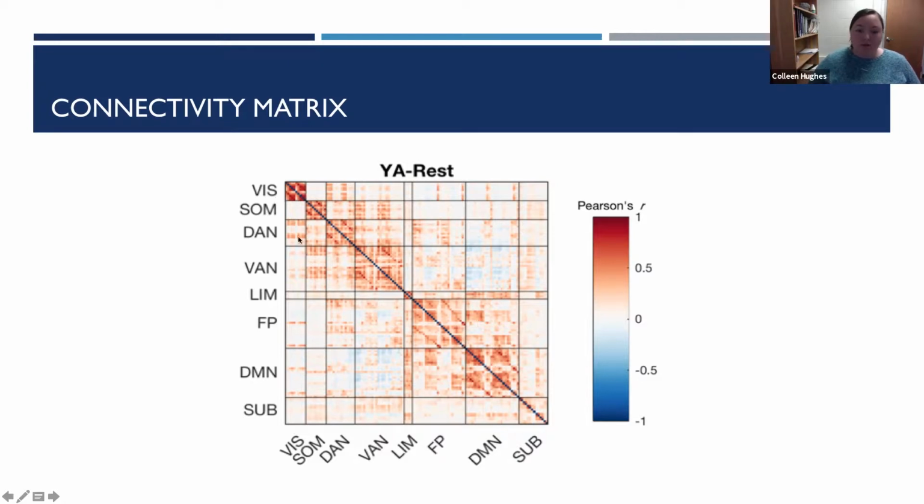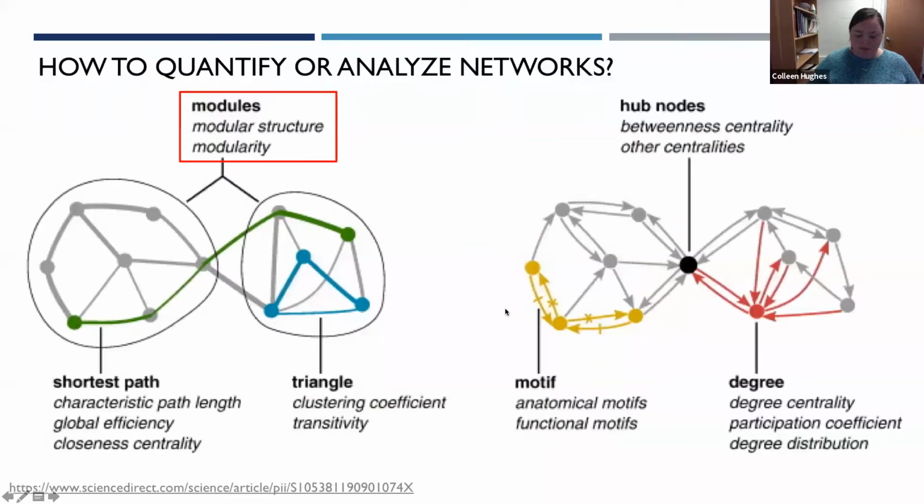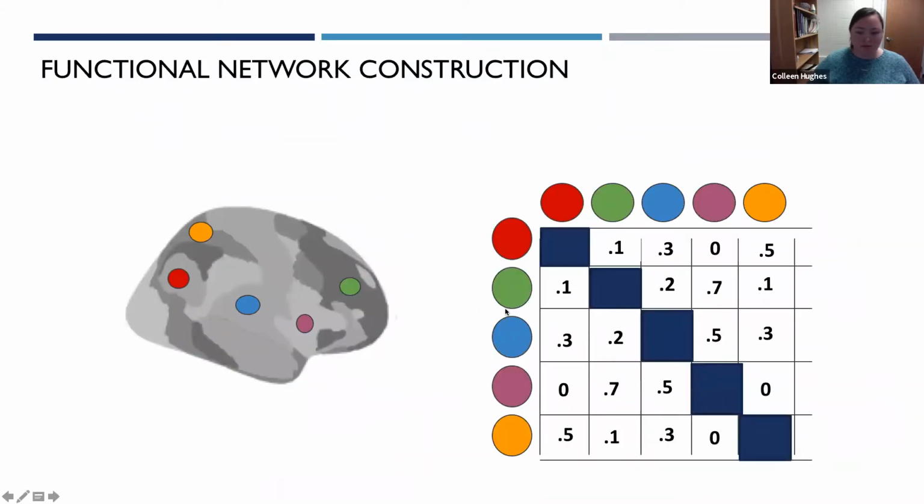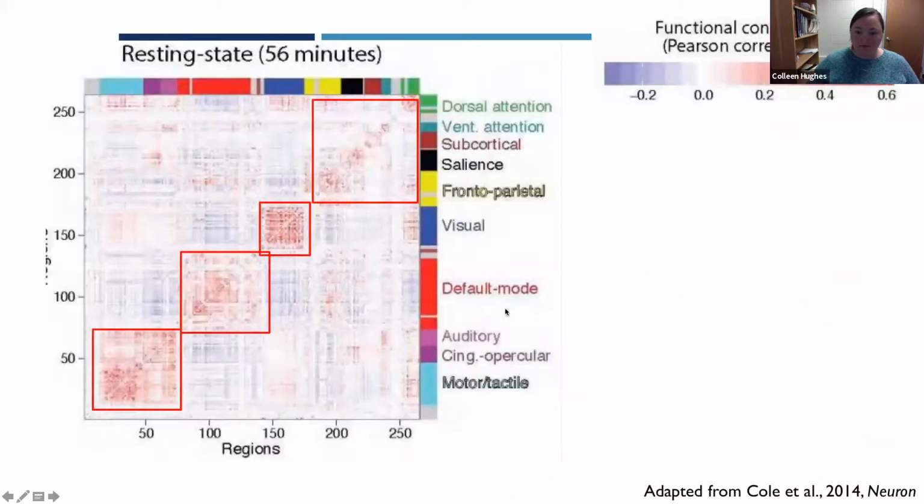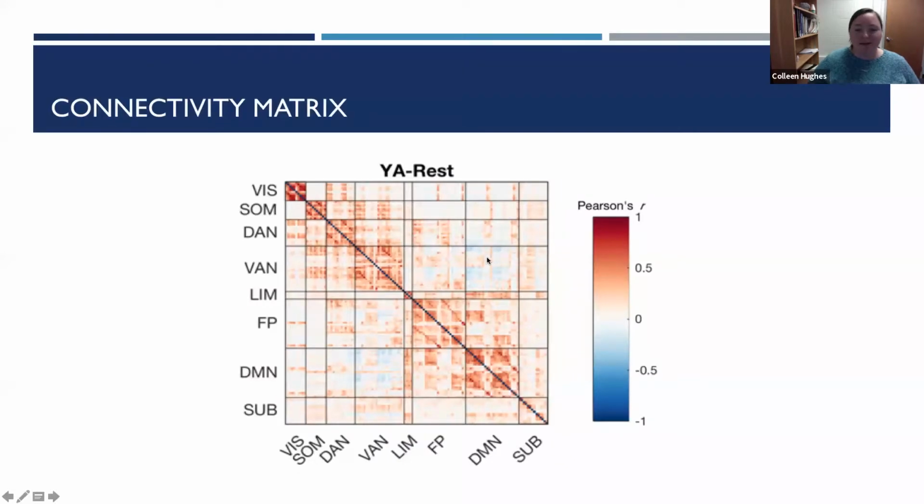Whereas when you're talking about between-network connections at rest, for instance, between ventral attention and DMN, you're seeing negative or weak correlations, no correlations, that sort of thing. This is the structure to the data, and when people talk about a network organization or a functional architecture, this is what they mean.